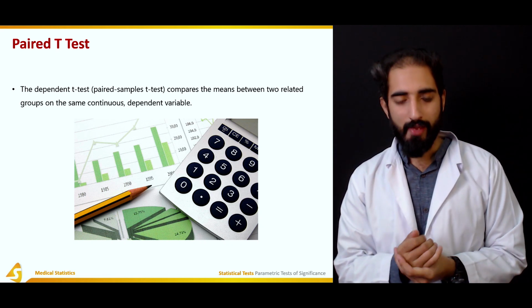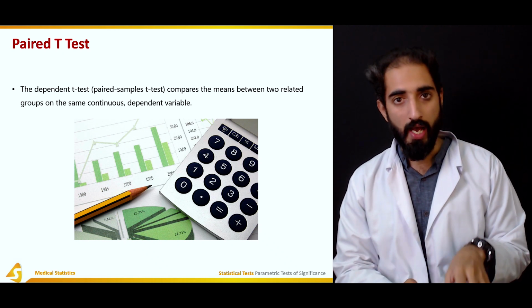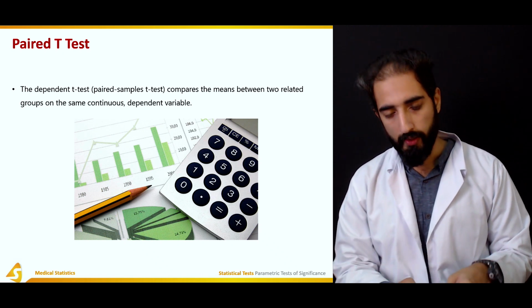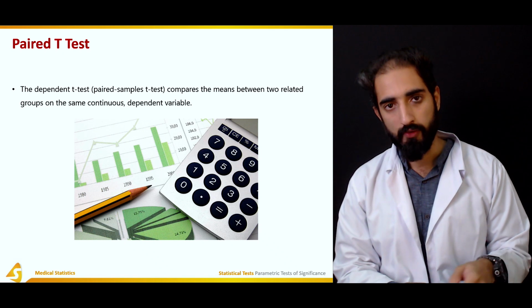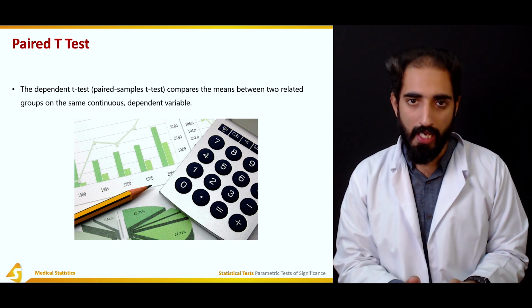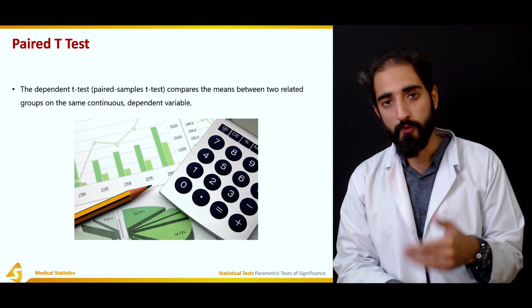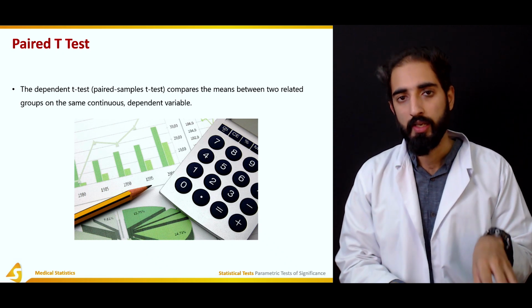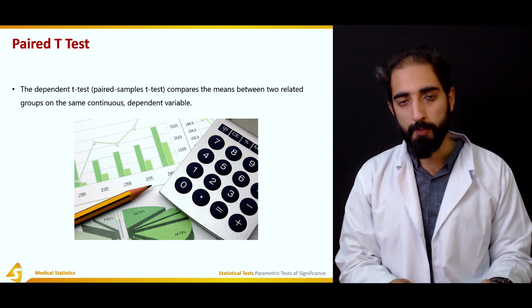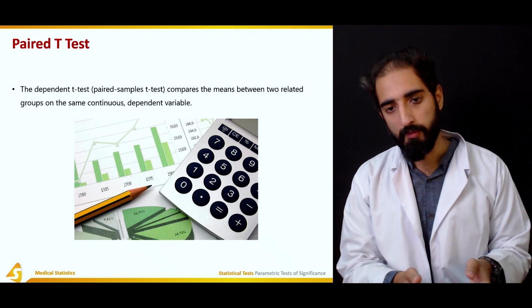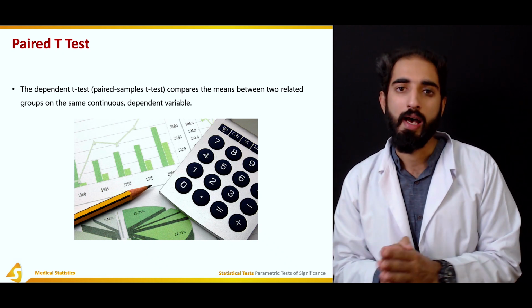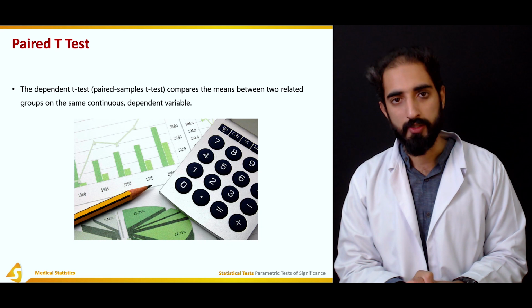For example, if I'm doing a quasi-experimental study and I am giving treatment or a medicine for pain, and the group is the same, before giving the medicine, I take the value of pain at baseline, and then I give the medicine, and then after a follow-up I take the value of the outcome, that is pain.